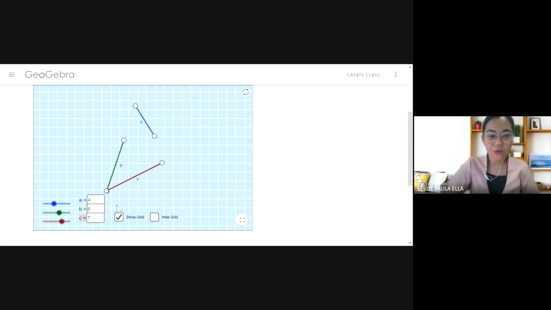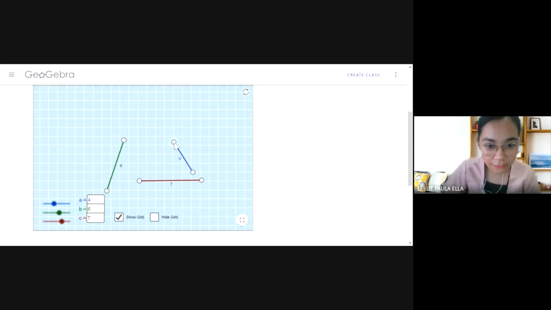Let's try to find out if we are able to form a triangle using these sides. We have 6, 7, and 4. Is my screen visible to you?